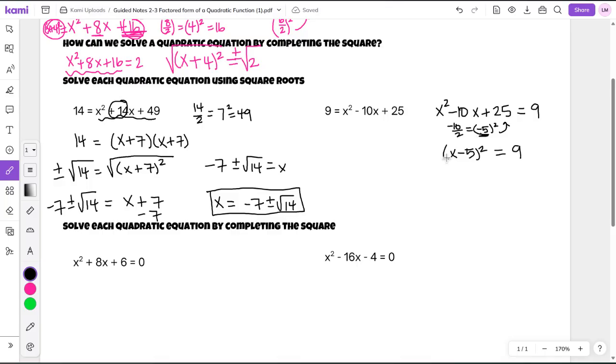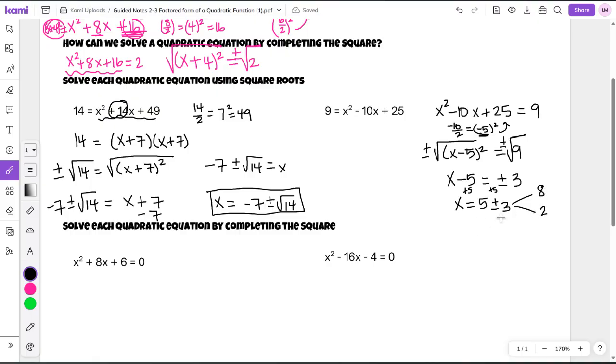I take the square root of both sides, so x minus 5 equals plus or minus the square root of 9, which is 3. I add 5 to both sides, so 5 plus or minus 3. 5 plus 3 is 8, and 5 minus 3 is 2. So I have x-intercepts at 8 and 2.